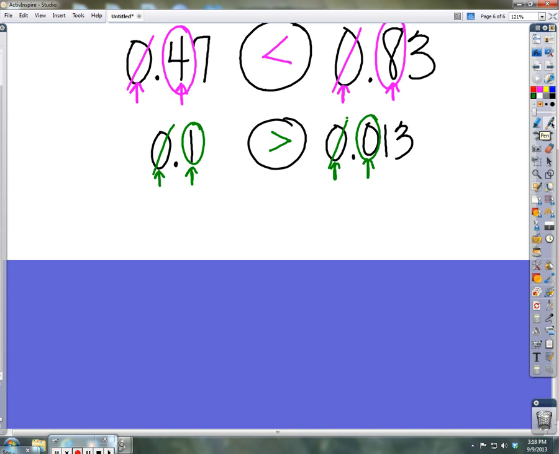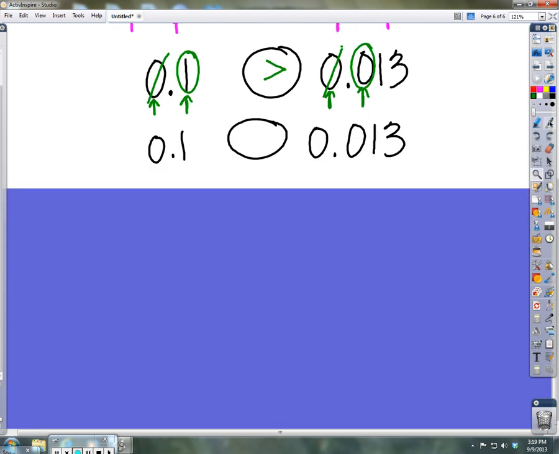Now, let's see why that occurs. So I'm going to rewrite this problem again. 1/10 compared to 13 thousandths. Now, this gets into the other way that you can compare decimal numbers to each other. If I wanted to take 1/10 and make an equivalent decimal out of it up to the thousandths place, all I would have to do is add 2 more zeros to it.